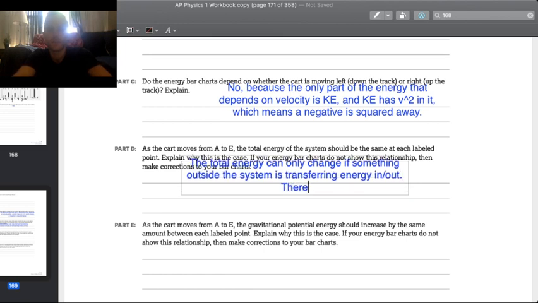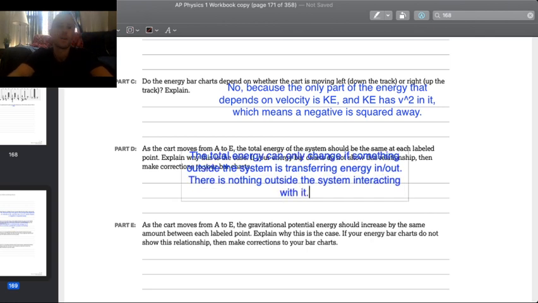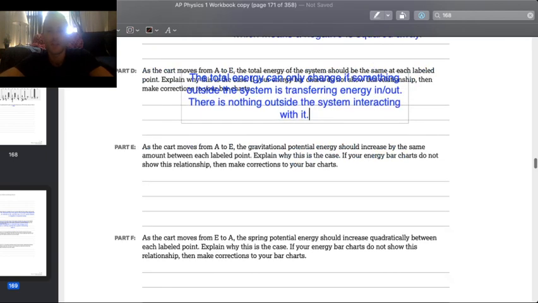There is nothing outside the system interacting with it.